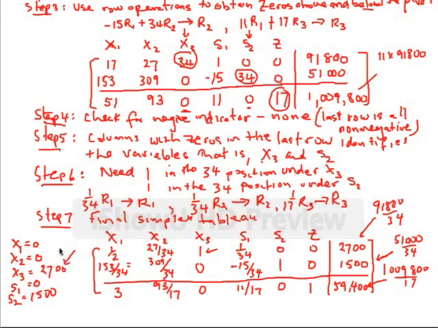So the one we're interested in is this one. This is telling us we should make no racing bikes, no touring bikes. So in other words, to maximize the profit, the company should make no touring bikes, and the company should make 2,700 mountain bikes.